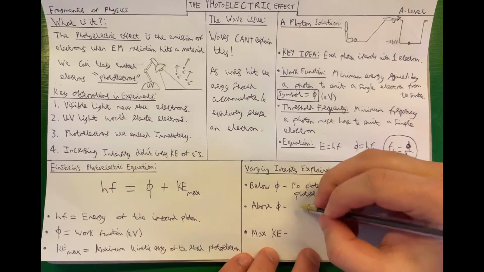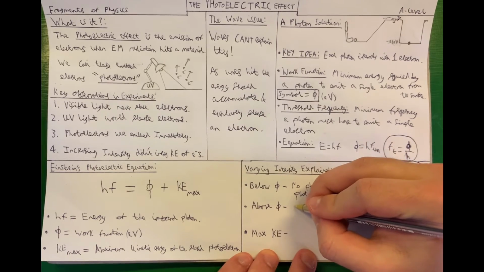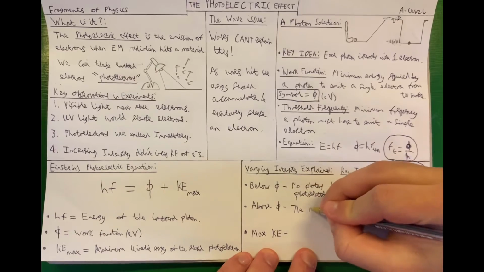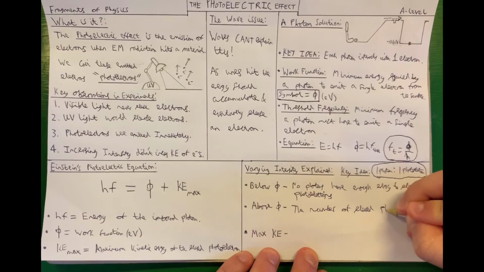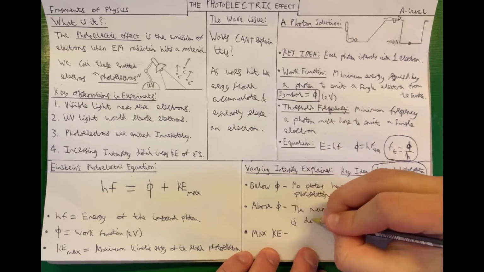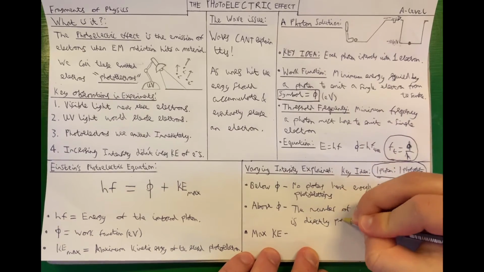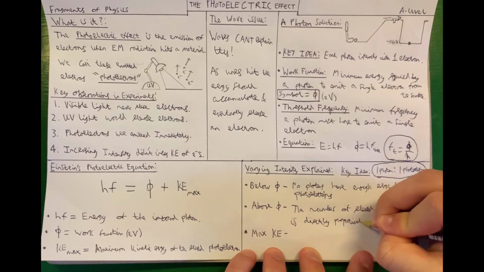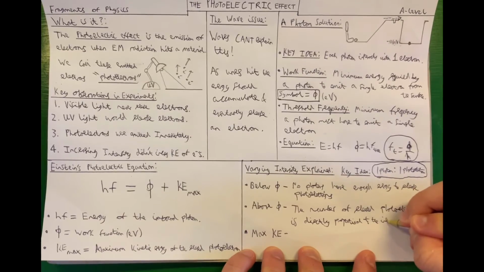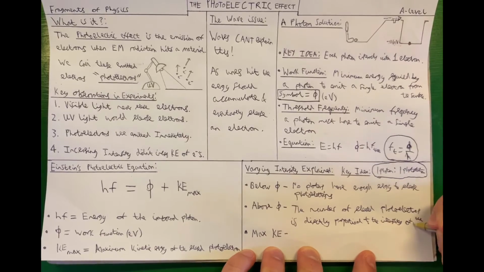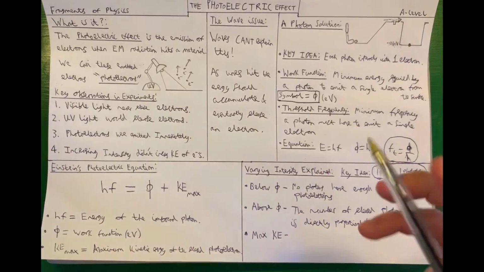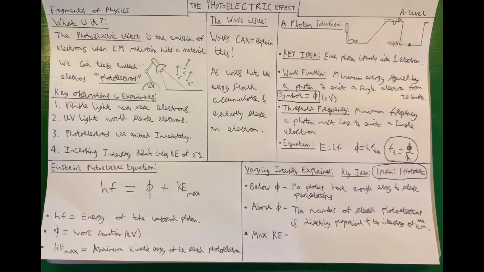So what we say here above the work function is that the number of released photoelectrons is directly proportional to the intensity of the EM wave, of the EM light. Because let's think about it, the higher the intensity, the more photons I'm throwing at my metal, so the more electrons are going to be released.